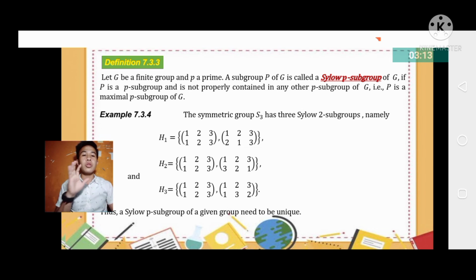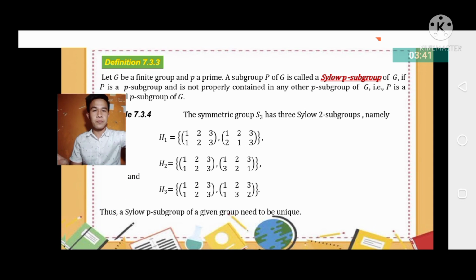So meaning duha ka elements yun, duha gid ka elements, because the 1 maps to 1, 2 maps to 2, 3 maps to 3 is equivalent for one element. How about the 1 maps to 2, 2 maps to 1, 3 maps to 3 is another one element. So the H sub 1 contains the 2 elements, as well as for the second subgroup, as well as for the last subgroup, is the H sub 3.